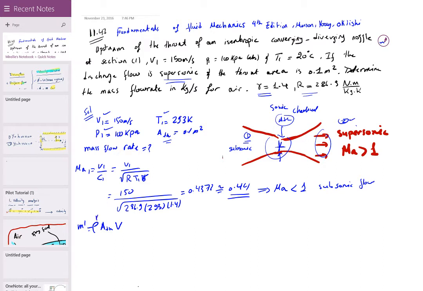So my density and my velocity are critical state values. What does this mean? It means I must use critical state relations or formulas.